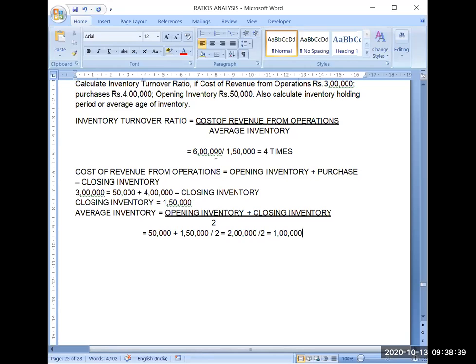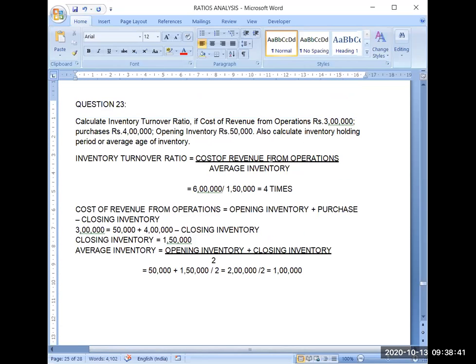Now average inventory is 1 lakh and cost of revenue from operations is 3 lakh. So cost of revenue from operations is 3 lakh upon average inventory 1 lakh. So this time my inventory turnover ratio is coming 3 times.